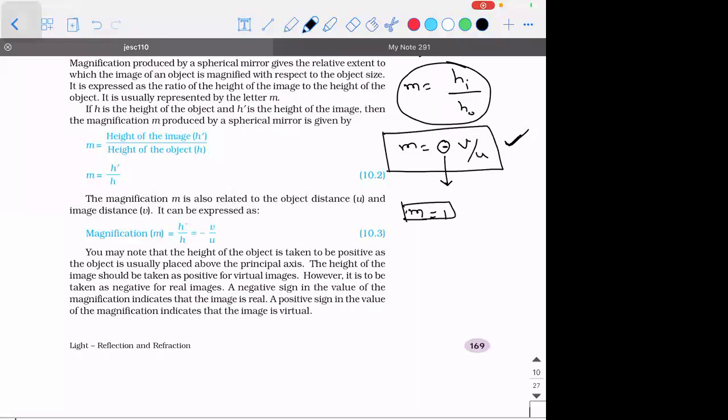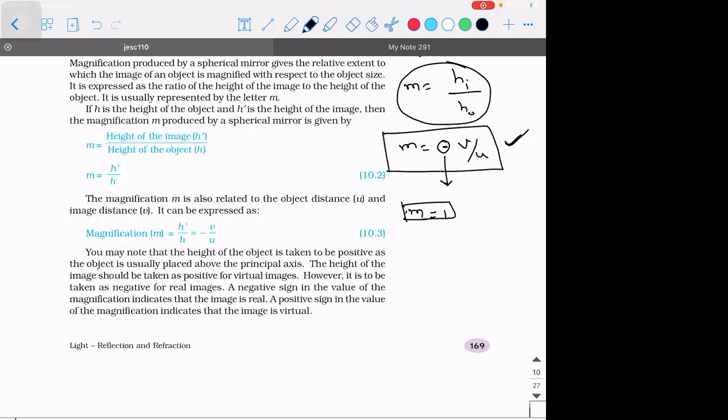Whose magnitude is 1. Identify the location of the object and the image. At C. How do you know that? Center of curvature. Because at the center of curvature, the image is formed in the same size. When the magnification is equal to 1, it's the same size. Exactly. So image distance will be equal to object distance.